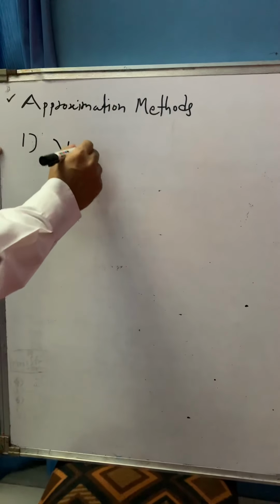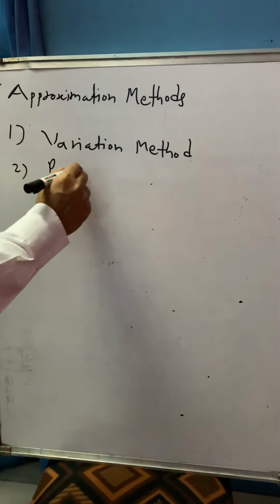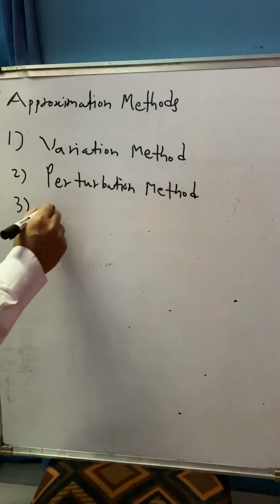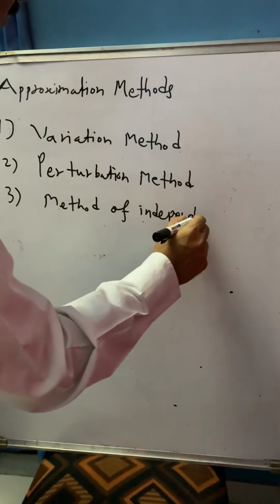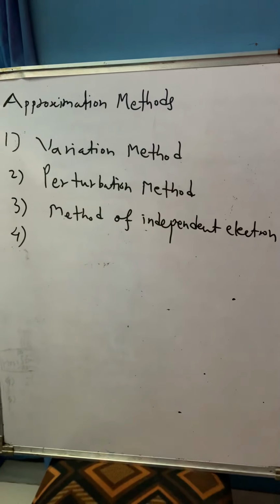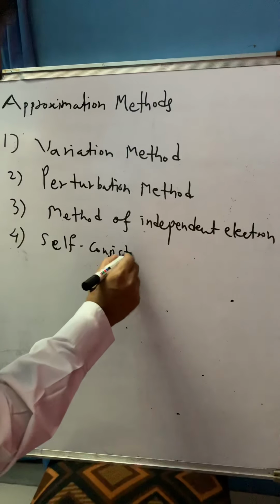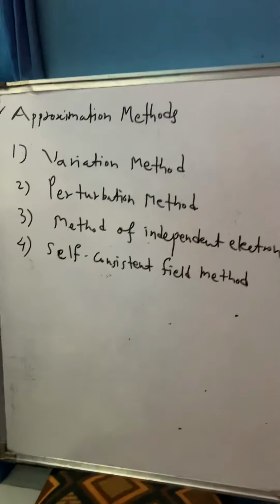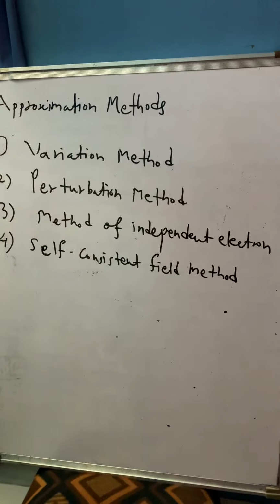There are different types of approximation method: first is the variation method, second, perturbation method, then method of independent electron, and self-consistent field method.